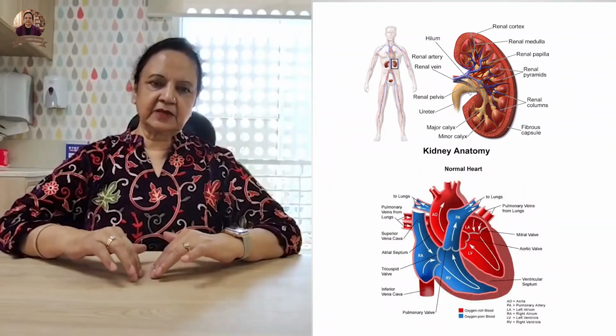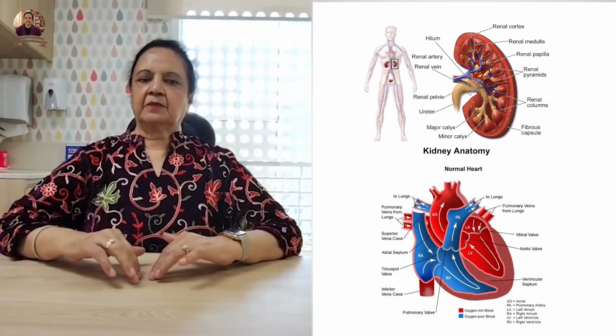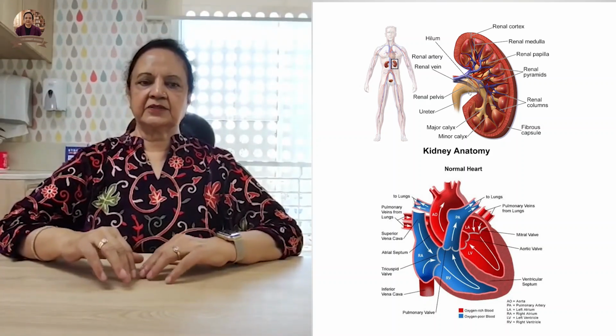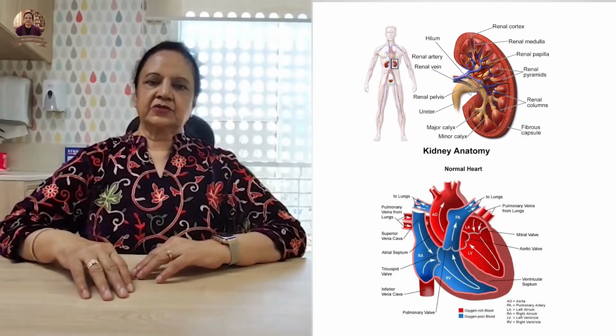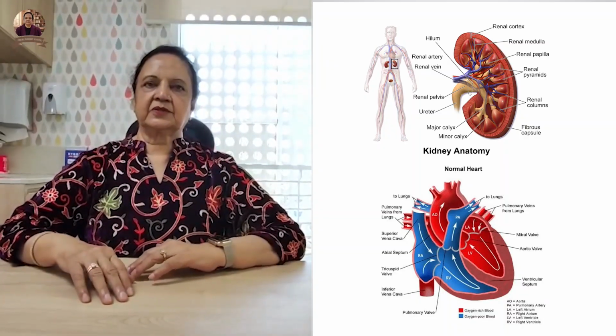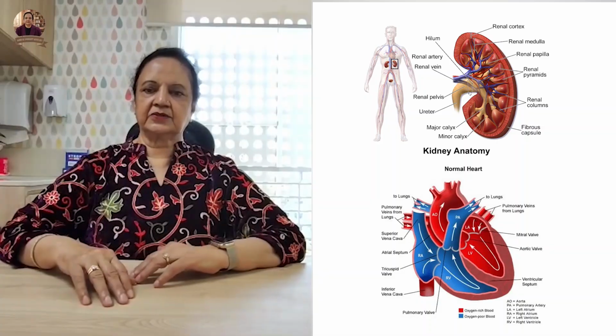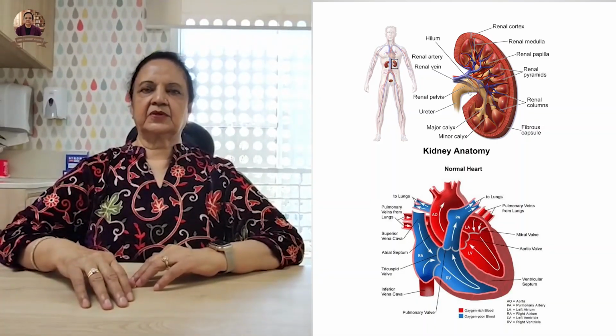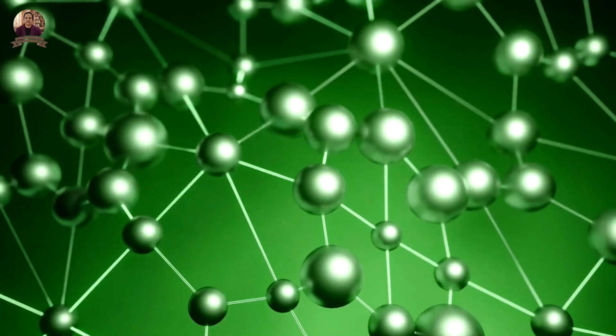Second is systemic circulation from heart to the body, then back to heart, to supply oxygen. This ensures efficient separation of oxygenated and deoxygenated blood and maintains high blood pressure for rapid delivery.